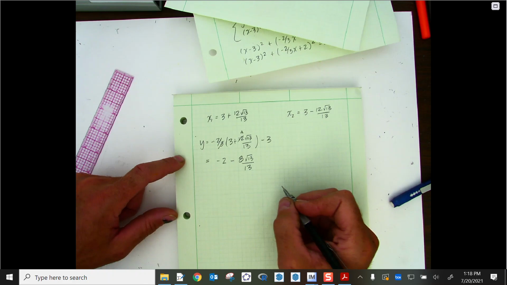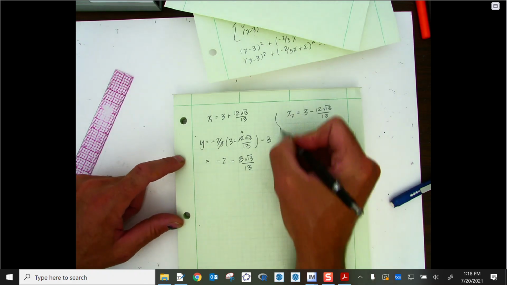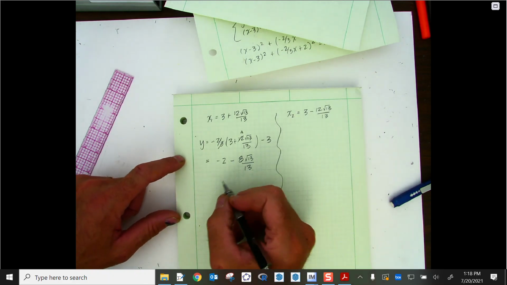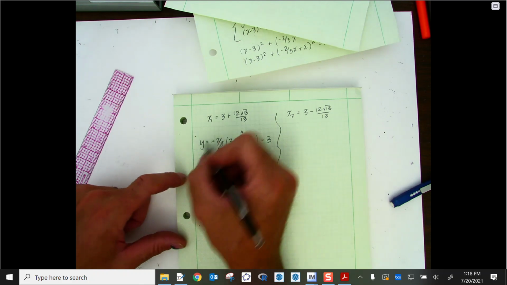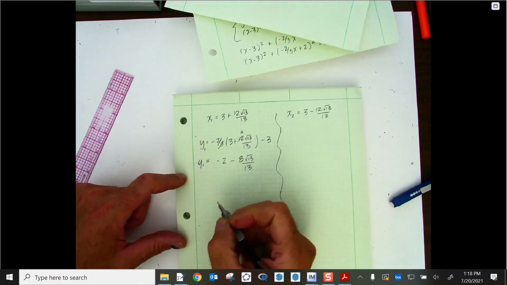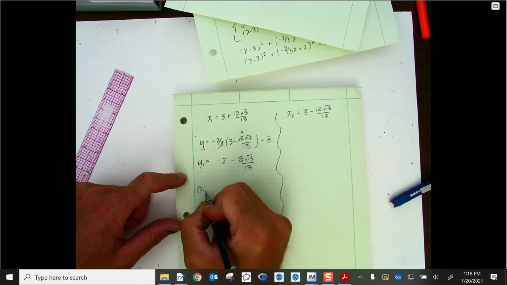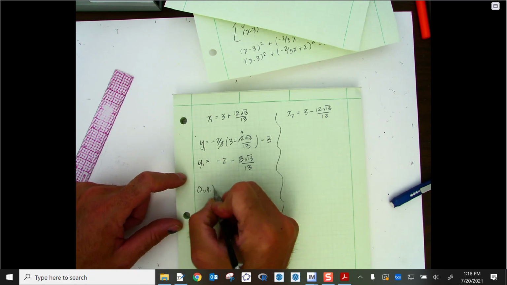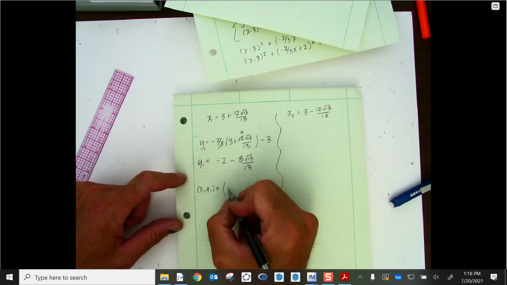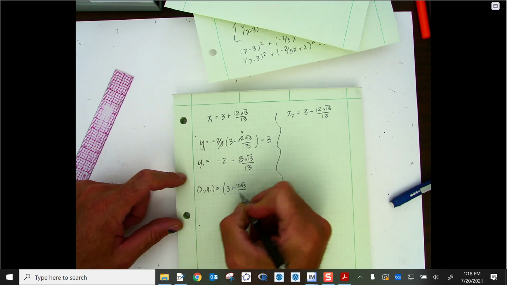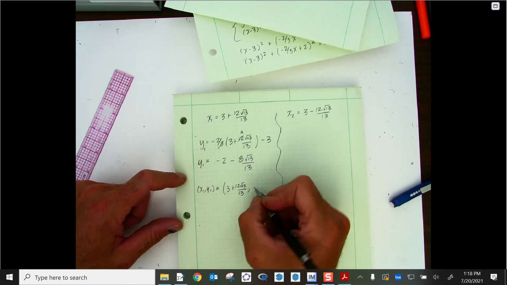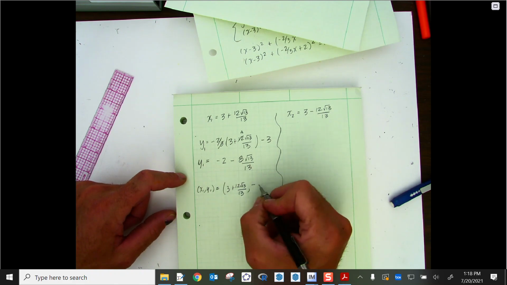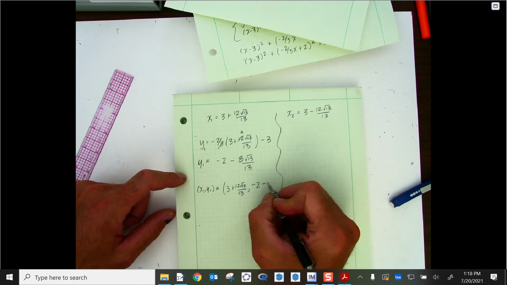And that's my y coordinate, it looks like. So x1, y1 could be written as 3 plus 12 root 13 all over 13, comma, negative 2 minus 8 root 13 all over 13.